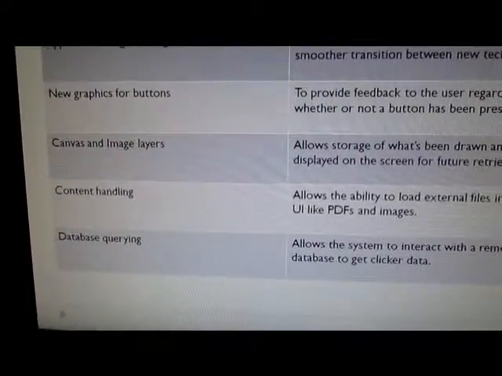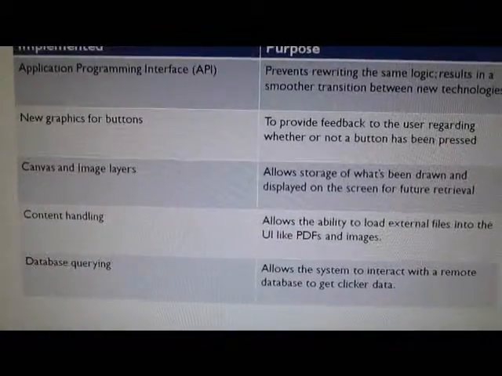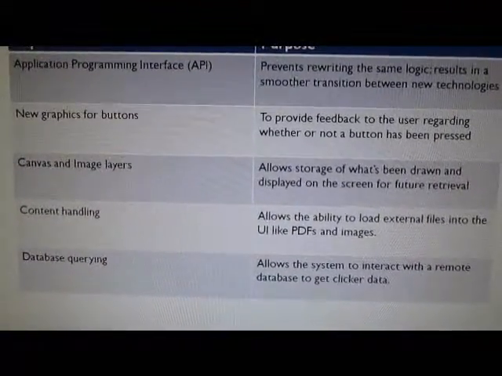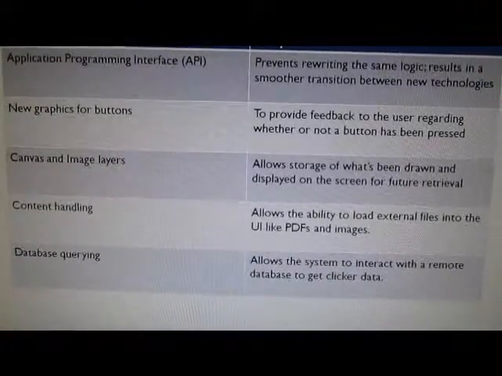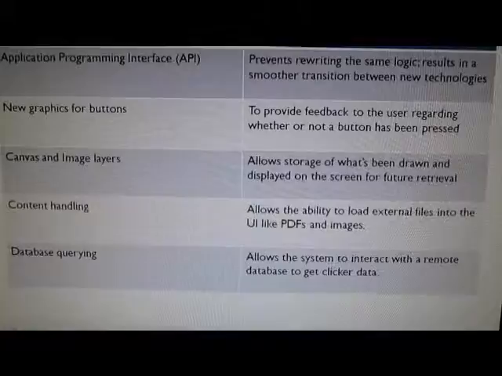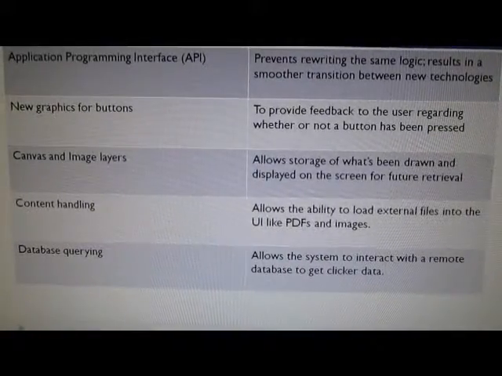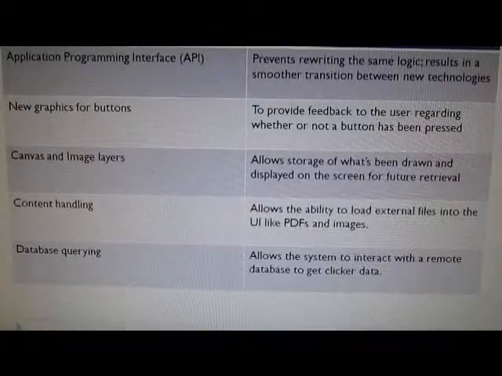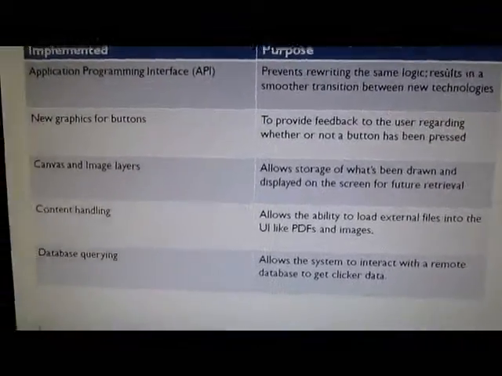I talked about how I worked on layers. So there were two huge layers, the canvas layer and the image layers, and it allows us to store what's been drawn, as well as the slides that have been used, in a way that I think most people would understand if you break it down in terms of layers.